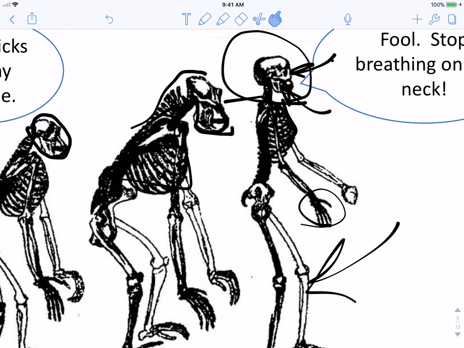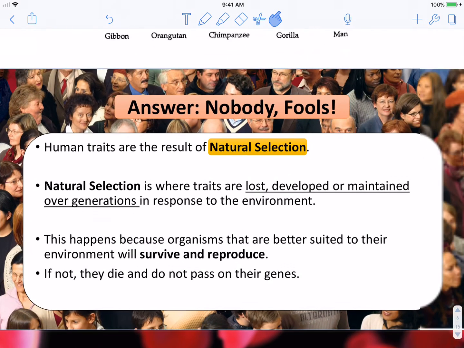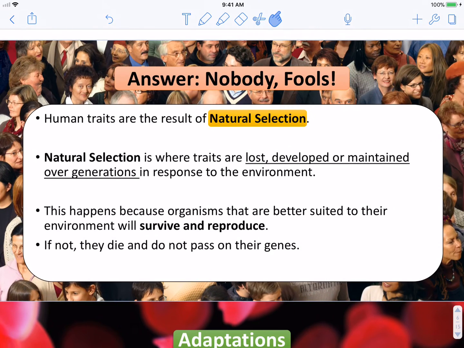We are able to walk long distances with little energy expended. So what that means is that we have been able to keep reproducing. We survive and reproduce, and then we're able to perpetuate our species or continue having kids. If you are not suited for your environment, then you're going to die off and you're not going to pass on your genes.